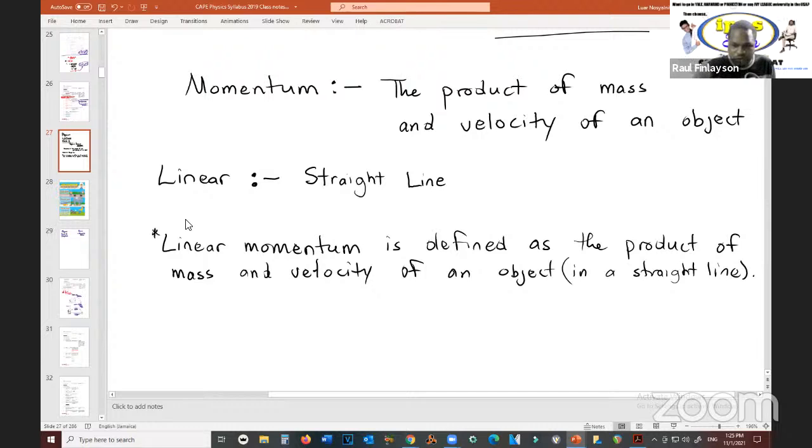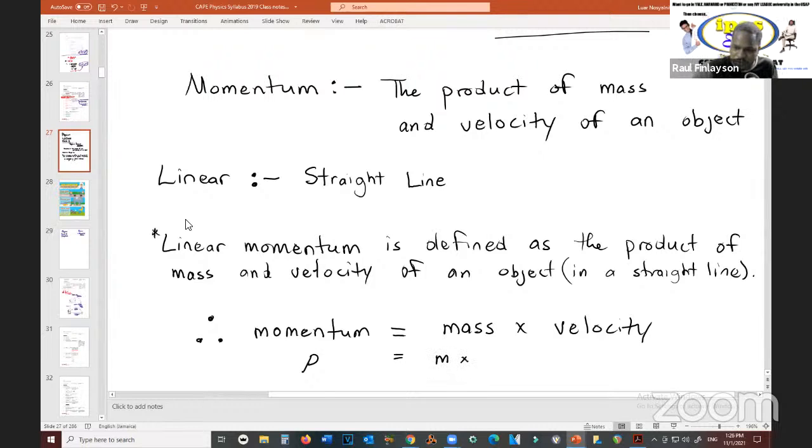All right. Now, in terms of a formula, we'll write this mathematically. And in some textbooks they'll use the symbol P for some reason to represent momentum.